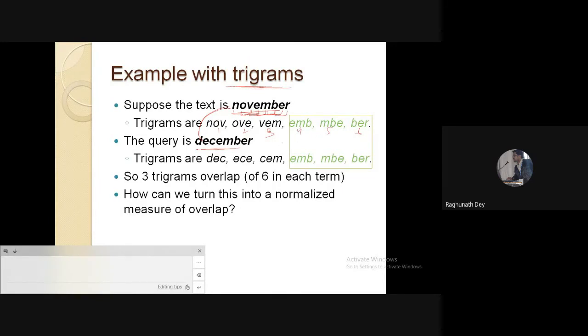Similarly, you are going to find the trigrams for the next term, where you are going to do the comparison, to see how similar or dissimilar these two words are. Again, you find the possible trigrams for the second term. So what we found is that out of these 6 trigrams, 3 trigrams are matched or overlapped.